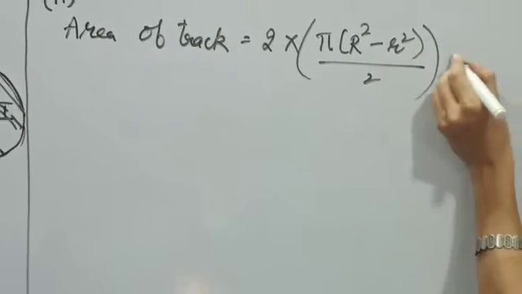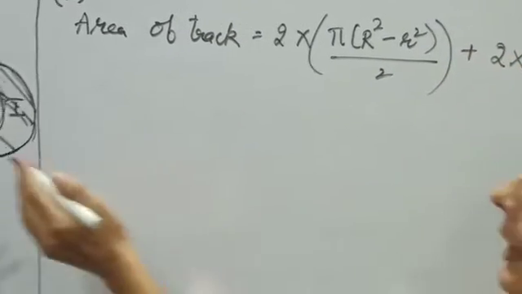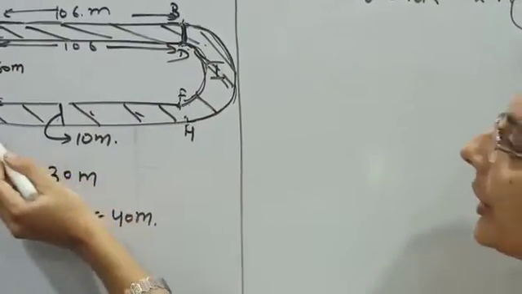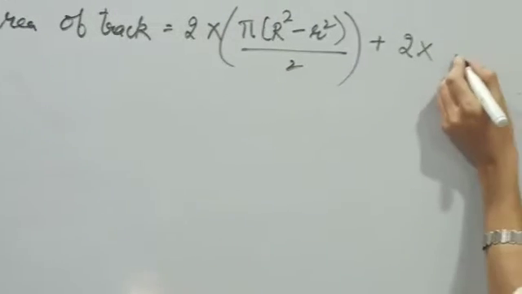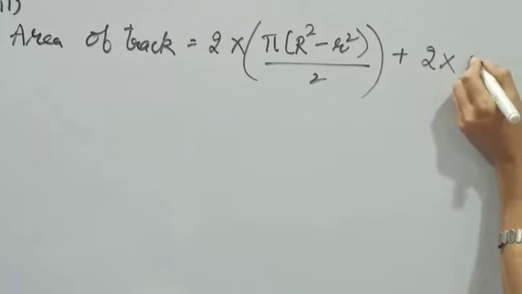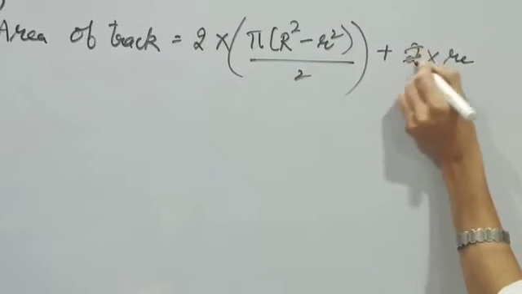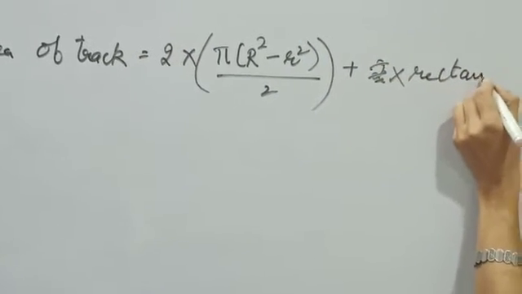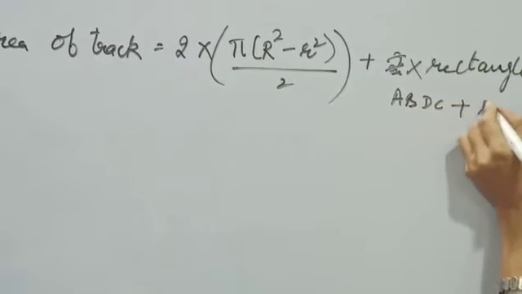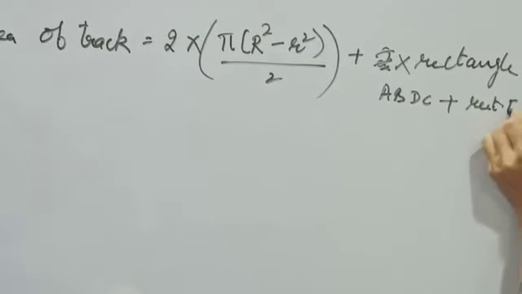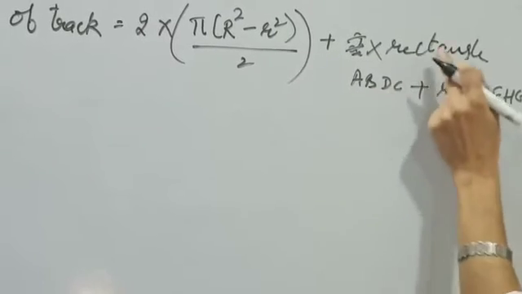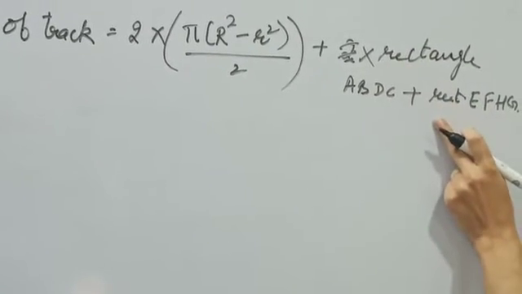Now 2 times the area of rectangle ABDC plus rectangle EFHG. Both are the same, so we write 2 times.